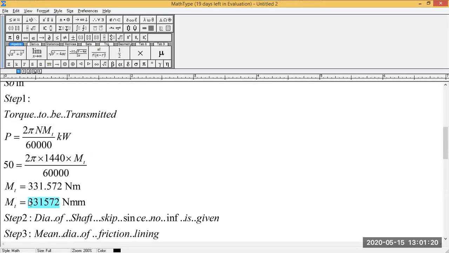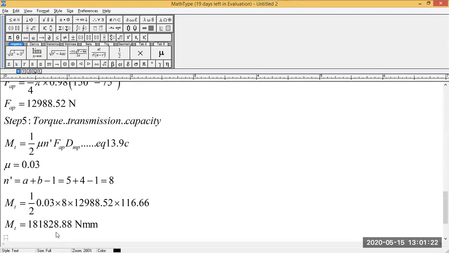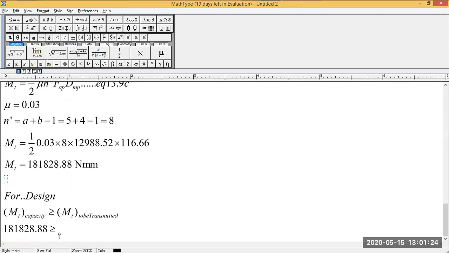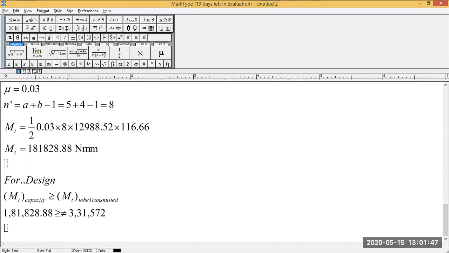This is step 1. Okay, so is this greater? So let me put some commas. I think it will be easier. Okay, it's not greater. Not greater or equal in any manner. Therefore, what we can assume is the design is not safe.